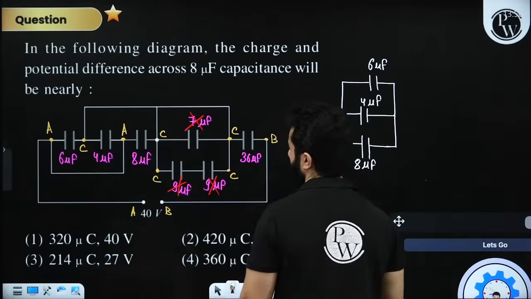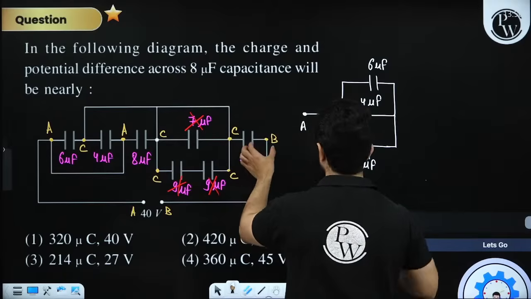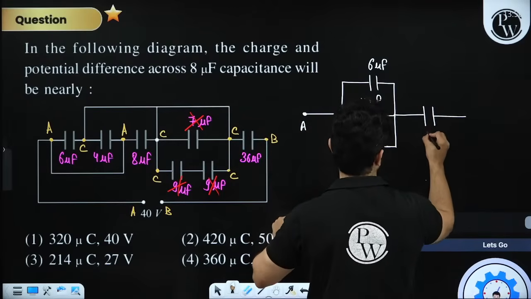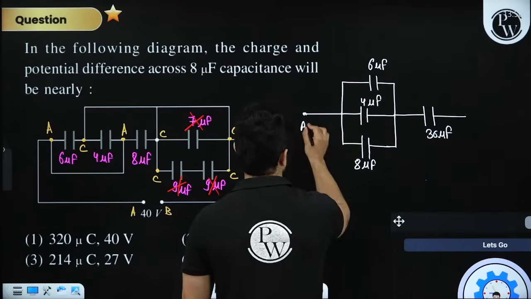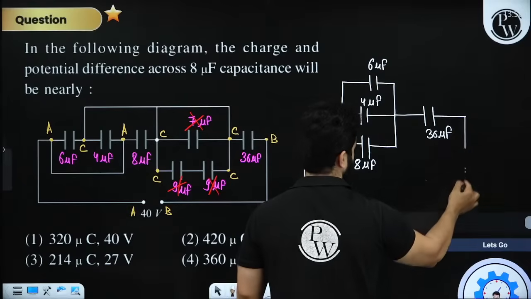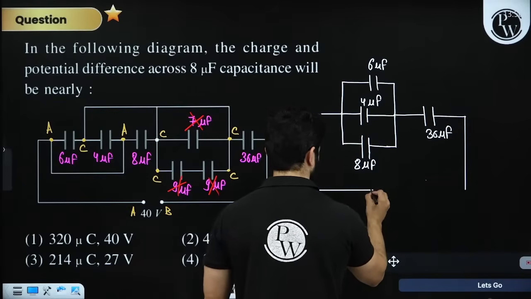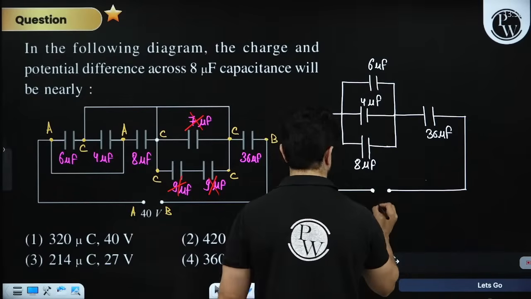And then we don't have to do anything with this. After C, you have got simply one capacitor, which is 36 microfarad. And then finally, this is your battery. Now this becomes way simple. This is 40 volt.